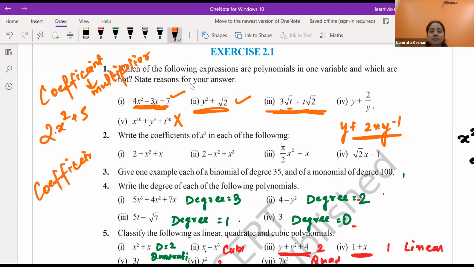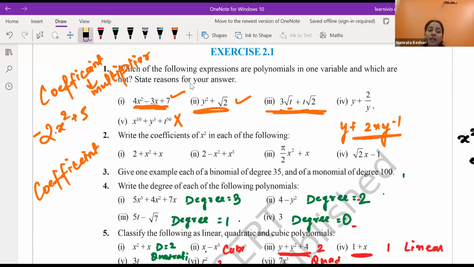Making sense? In your notebook you can write: coefficient of x square is equal to positive 2. We will be specific with the sign. If here you can see minus 2, then you will be writing minus 2. Making sense? Yes. So this is how we need to find the coefficient in each and every example.